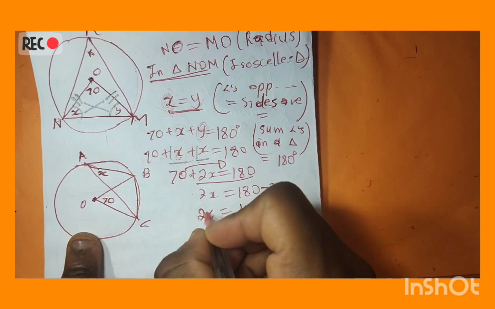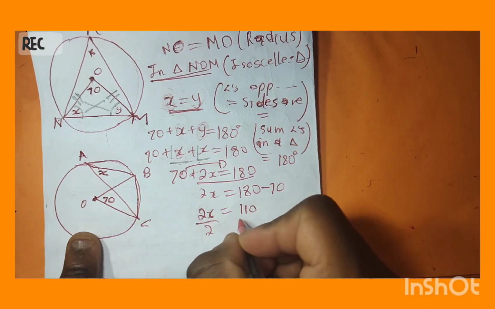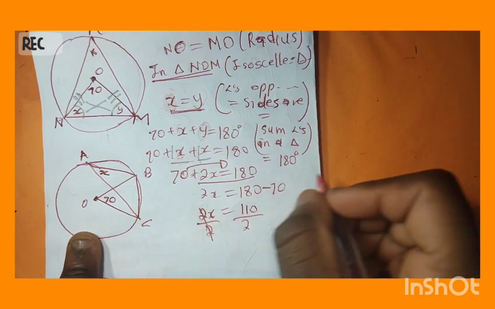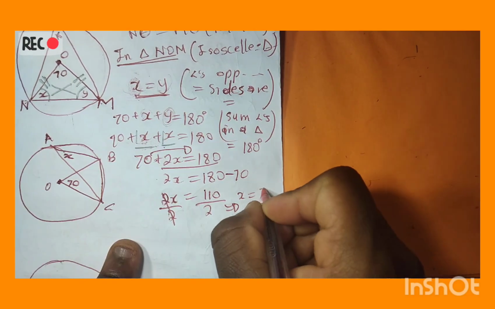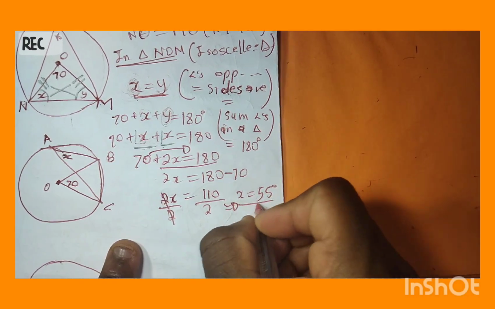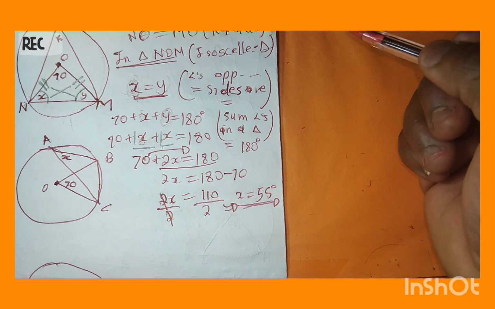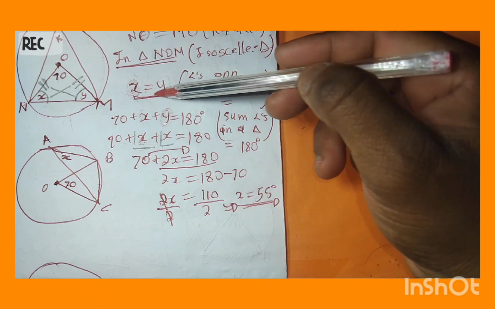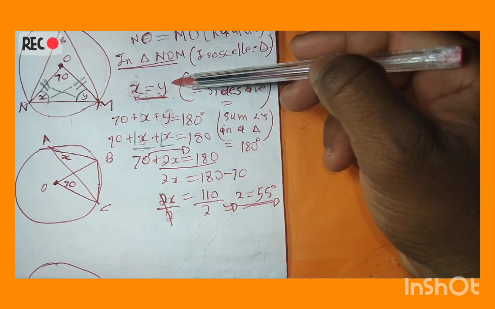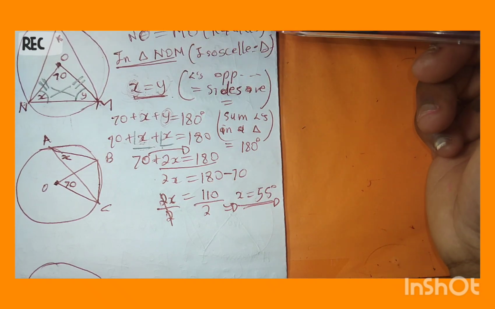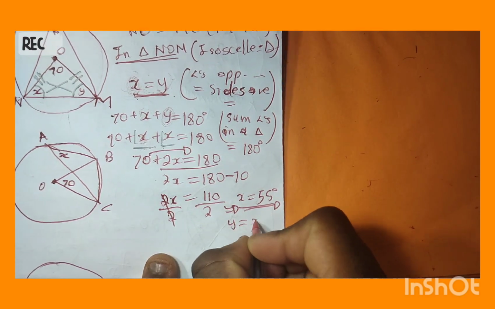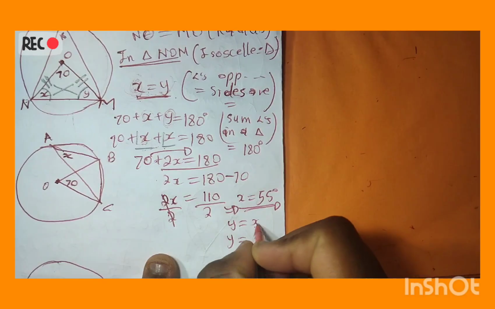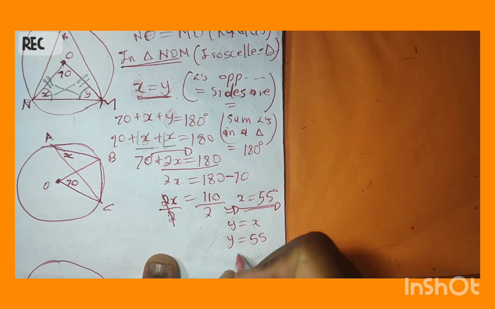What is in front of x, you need to divide by it so that it gets cancelled, meaning the x value is 55 degrees. And remember, I told you that the x value is equal to the y value, so y is also 55.